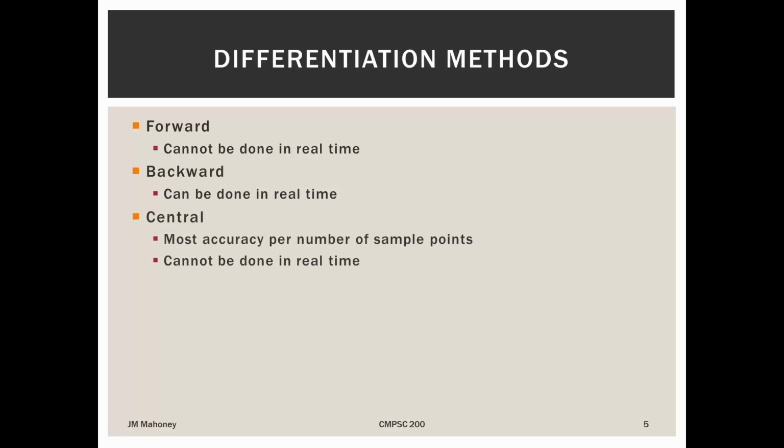And with the central differentiation, what we're going to see in the following slides is that central differentiation is actually more accurate than forward or backward differentiation for the same amount of data that we had. But fortunately, because the central differentiation needs to know points in the future of the point that we want to know the derivative of, we cannot use central differentiation in real time, just the same as we can't use forward differentiation in real time. So even though we have these three kind of distinct methods for doing it, based on a set of data, we might use all three in order to calculate what our derivative is at all points in time.